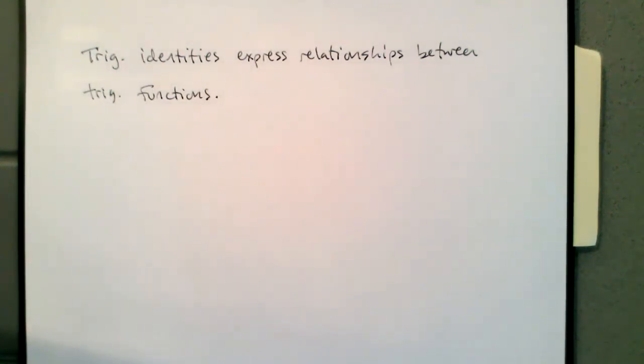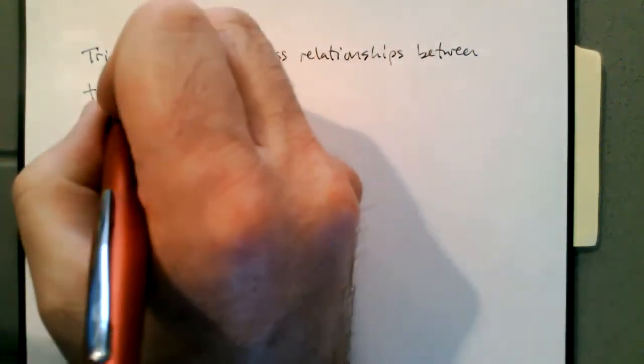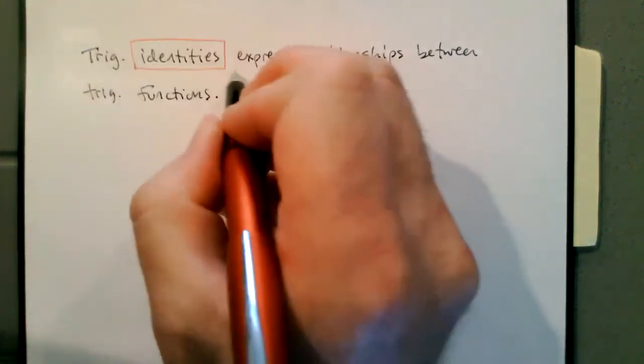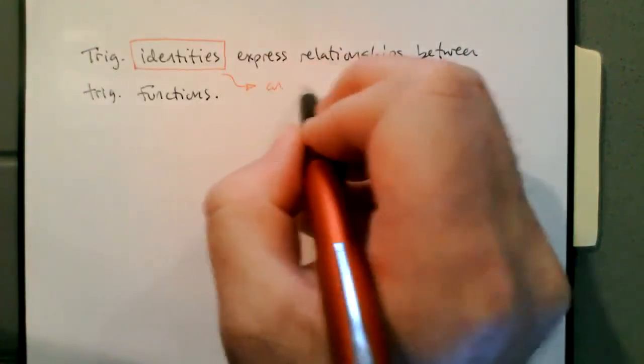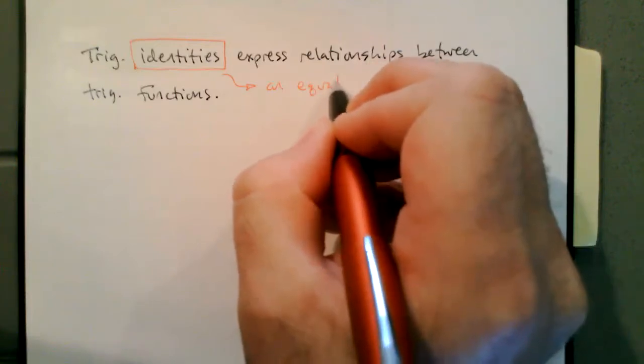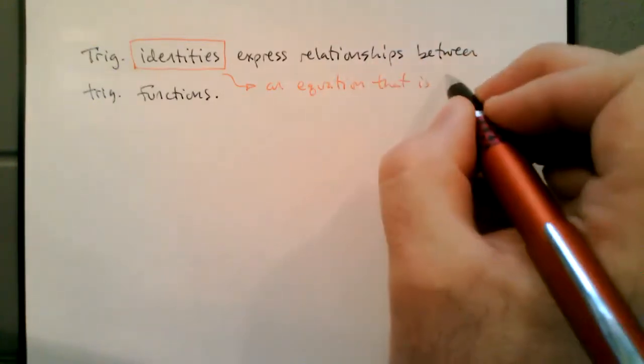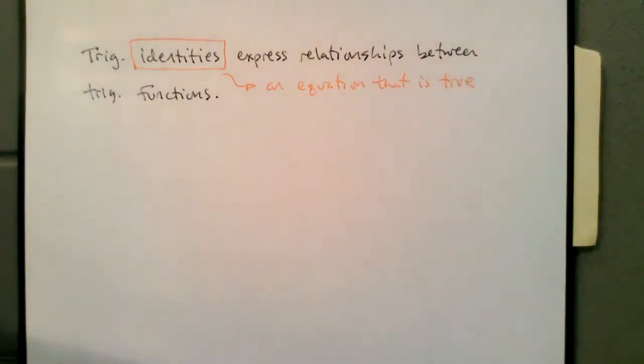An identity is just a type of equation. It's an equation that is true whenever the expressions are defined.